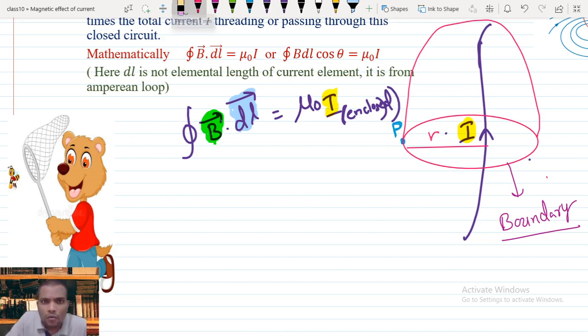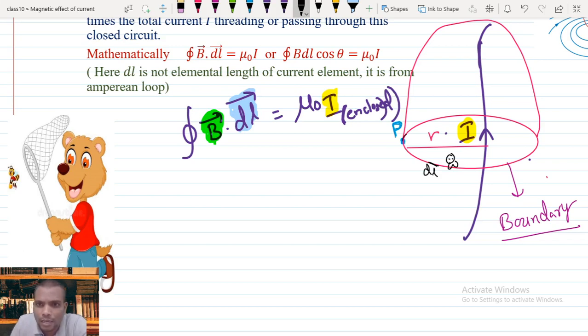Now, if you walk on the boundary of the Amperian loop, you cut each small elemental length dl. So this is a small elemental length dl.